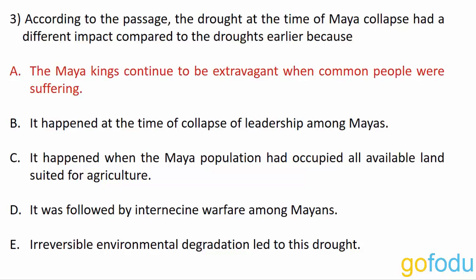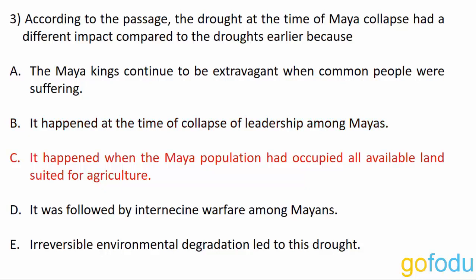Option A, the Maya kings continued to be extravagant when common people were suffering. This is the fifth strand or fifth reason for Maya collapse. But this is not the reason for different impact. Option B, it happened at the time of collapse of leadership among Mayas. Not mentioned anywhere.